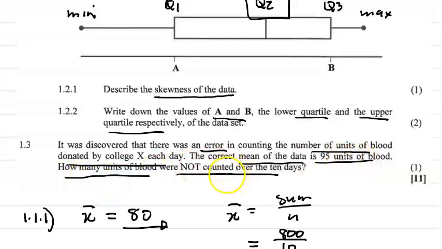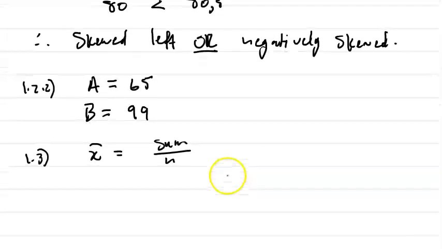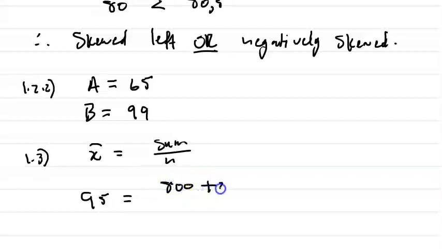So what we're going to do is let the number of units of blood that wasn't counted be x. So therefore, remember now they gave us the mean, which is 95, and that is going to equal the original sum that we had, 800, plus x, all over 10 for the 10 days.